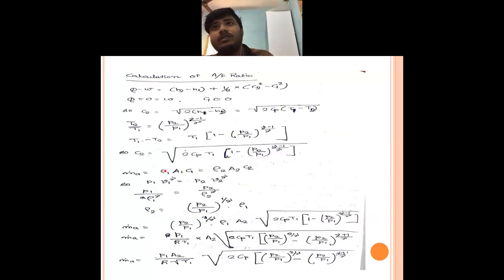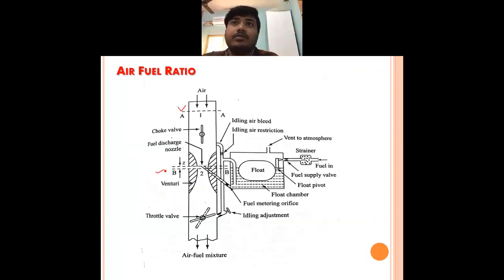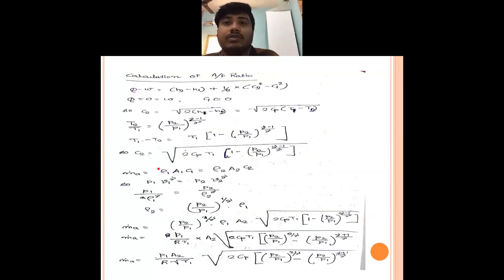First we will consider the air as a compressible fluid. If the air is a compressible fluid, then we will do the calculation. We'll take sections 1 and 2 and use the steady flow energy equation: Q minus W is equal to H2 minus H1 plus half of C2 square minus C1 square.